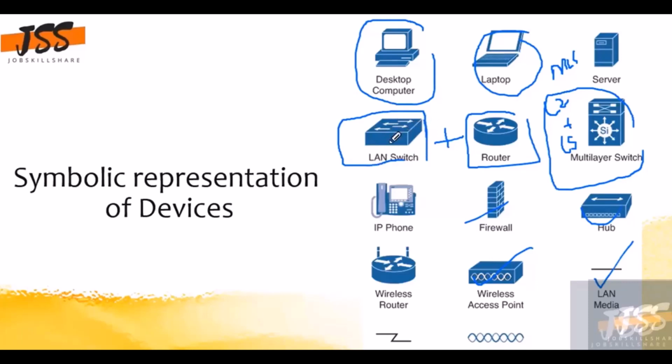You must have an idea what each thing is. Maybe the titles are not written there, but you should be familiar that if this icon is there, it means this is a router, and if this icon is there, it means it is a switch.